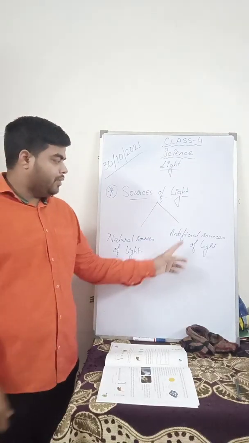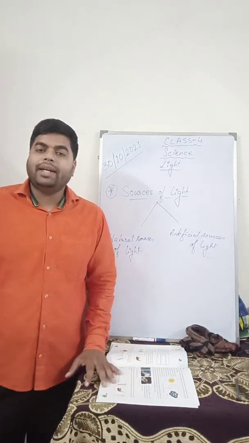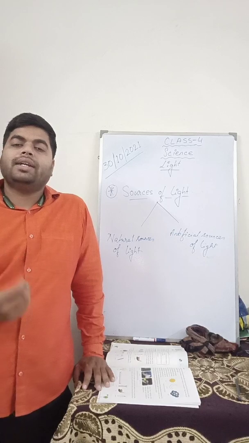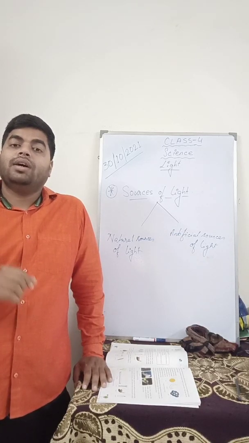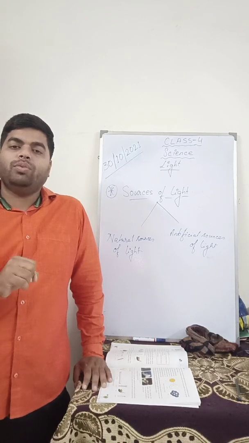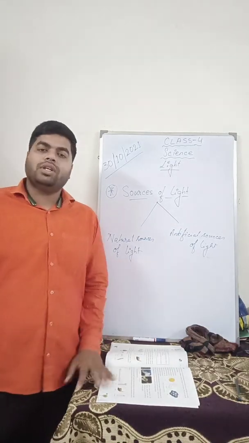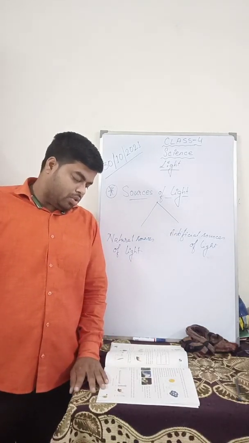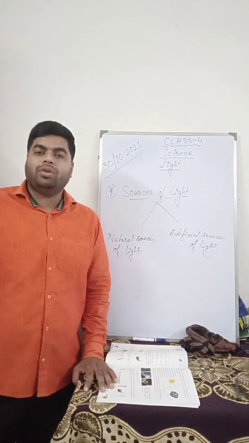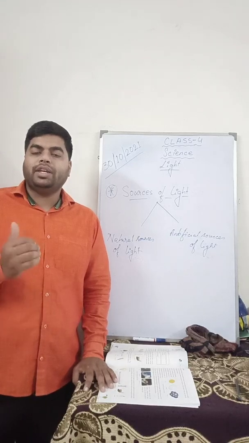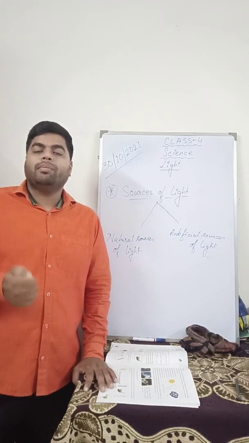Next is artificial sources of light. The sources which give out or emit light, and are made by human beings, are called artificial sources. Artificial sources of light are light sources that are made by humans to produce light. For example, torch, bulb, candle.